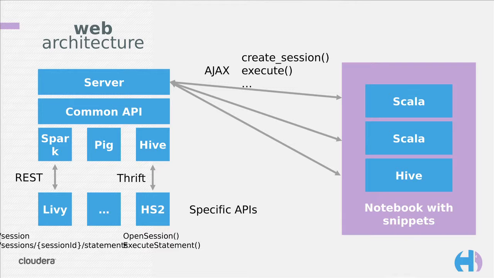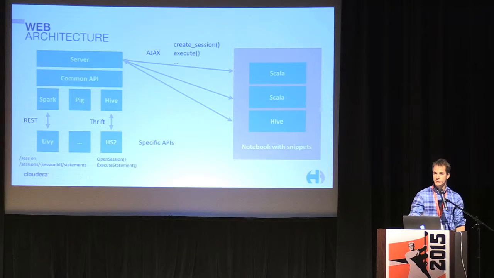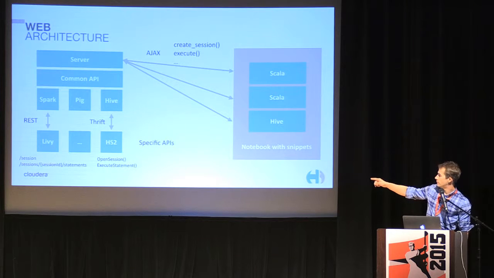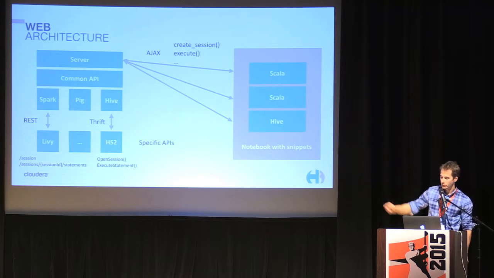If I have a notebook on the right, with a snippet of code in Scala, or in Hive, which is SQL for Hadoop: previously in Hue, you had one app per language, so we refactored it to have only one API. For example, if I have a Spark snippet in Scala, it will send a create session to the Hue server, and then it will call, on the left, the Livy REST server to open the session.